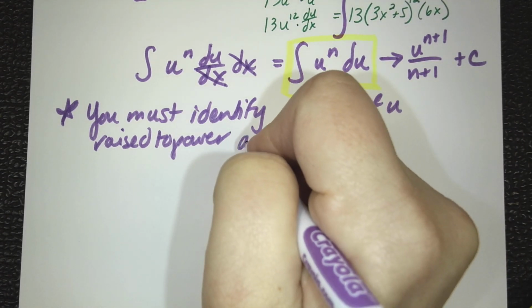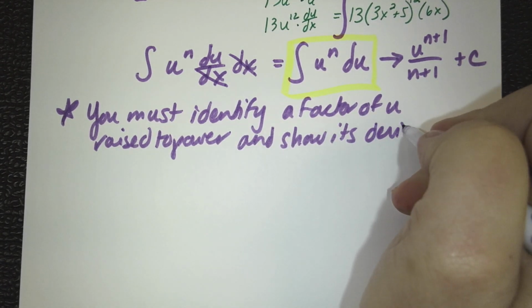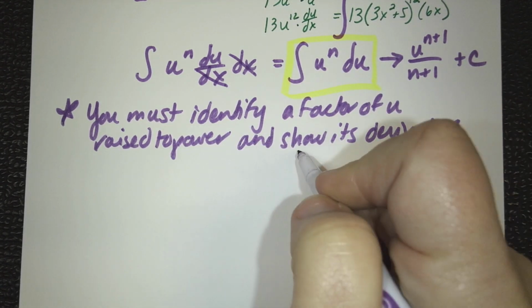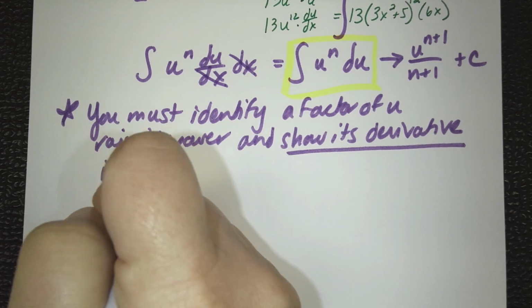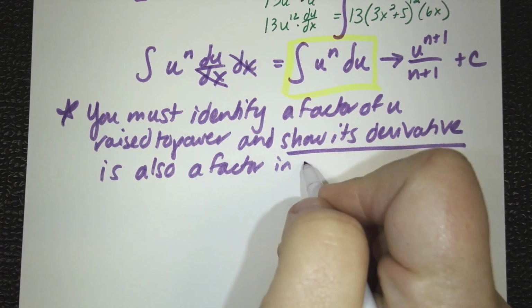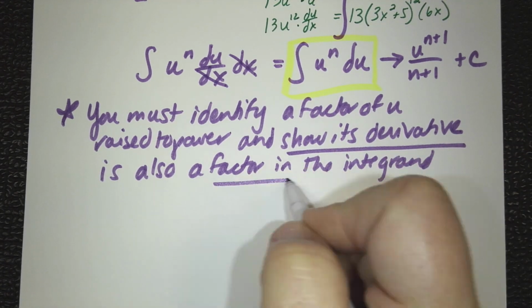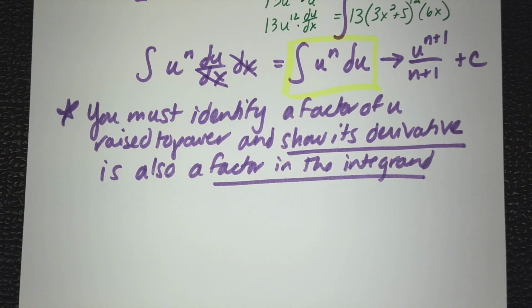You also need to show that its derivative is also a factor in the integrand. Okay, so that's the two big picture ideas of today. We're looking for the u, we're looking that its derivative is inside of it, and then we can write it backwards and go to what the original function was.